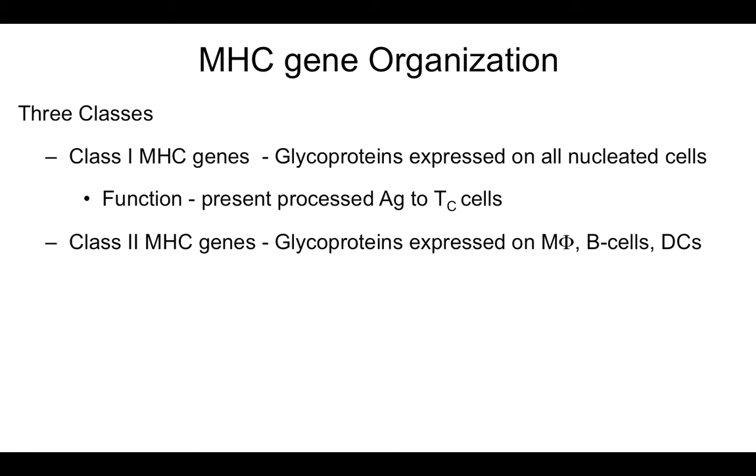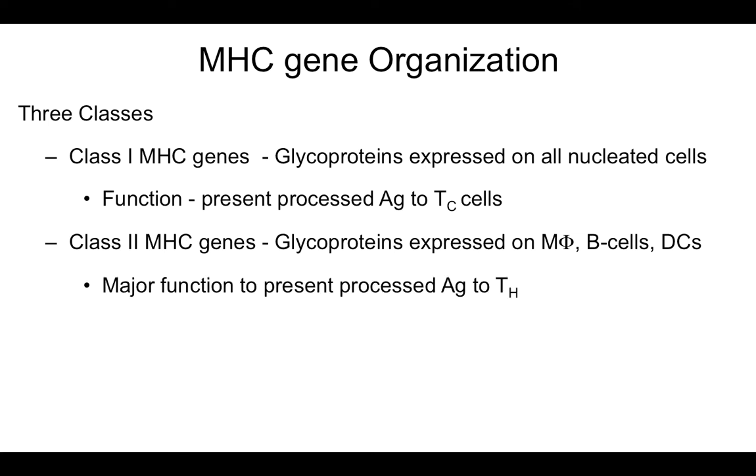The class 2 genes are the genes that encode for products that are glycoproteins which are expressed on the surface of the antigen presenting cells, mainly the macrophages, the B cells and the dendritic cells. No other cells in the body express the class 2 MHC molecules.